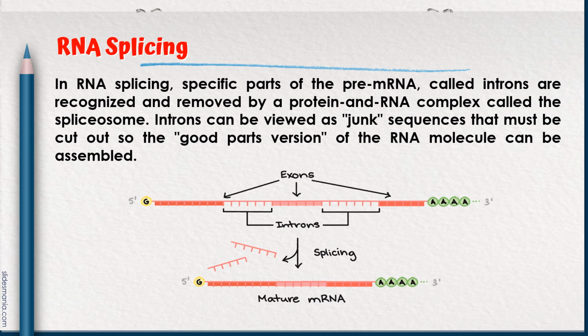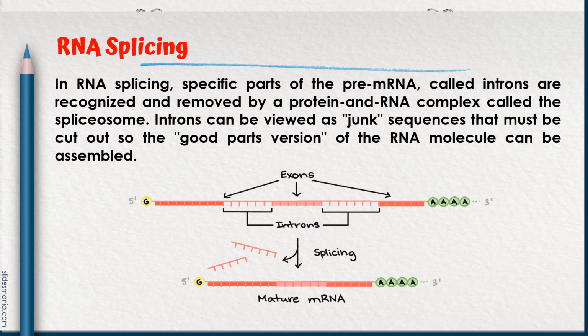Introns can be viewed as junk sequences that must be cut out so that the good part of the RNA molecule can be assembled. So what are these good parts? These are the pieces of the RNA that are not chopped out, called the exons.